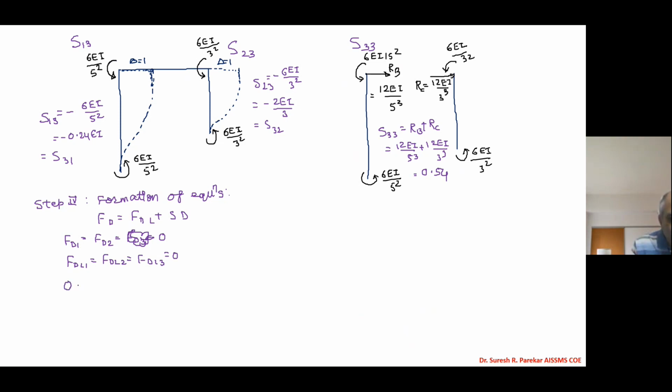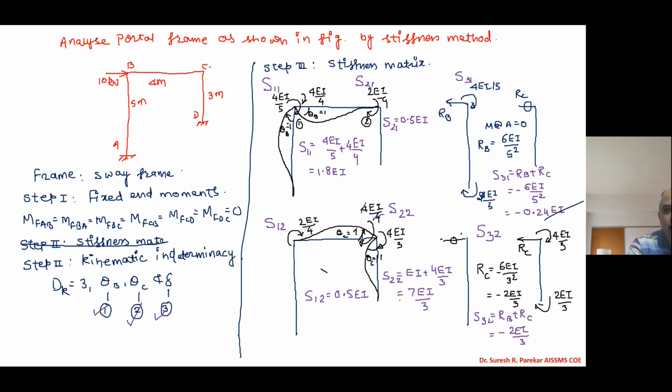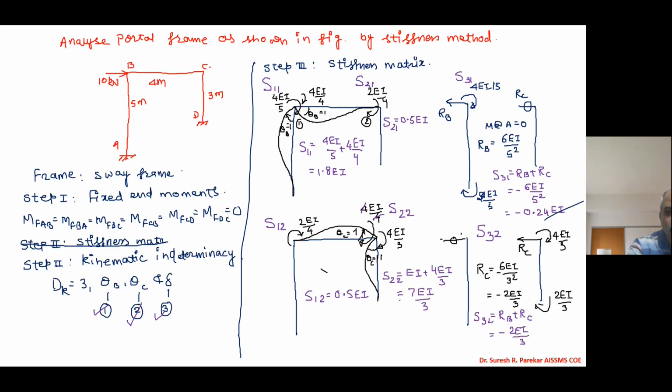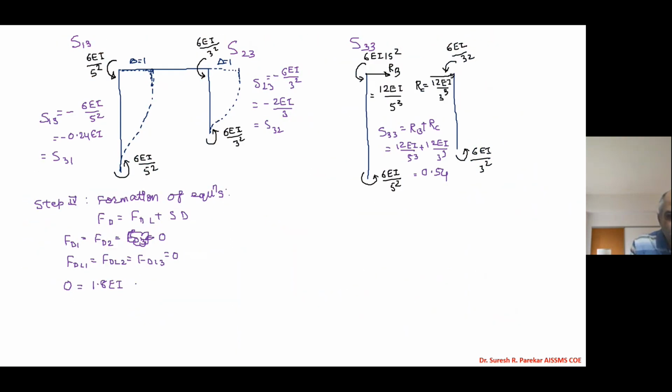So we have the first equation: 0 equal to, S11 we have 1.8 EI theta B, plus S12 we have 0.5 EI theta C, plus S13 we have minus 0.24 EI delta.